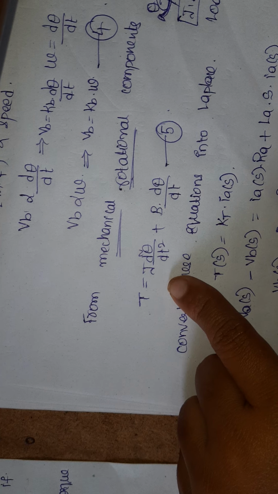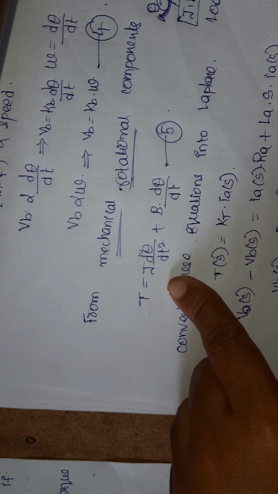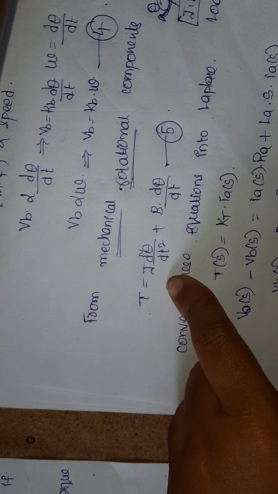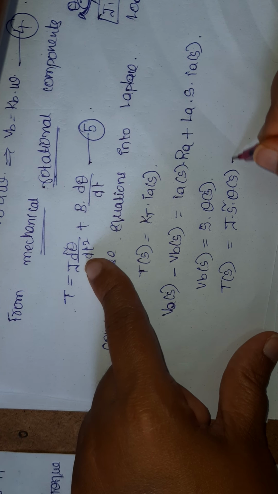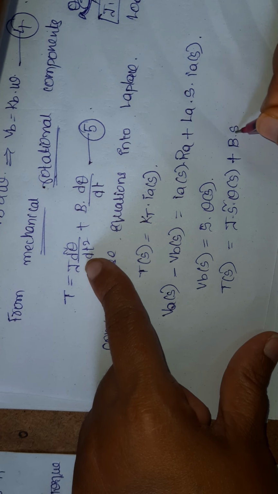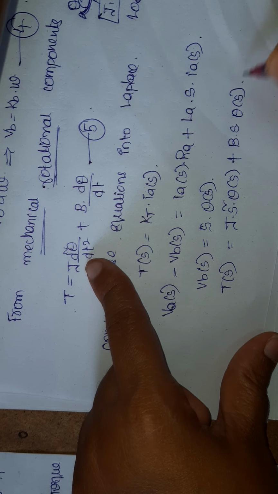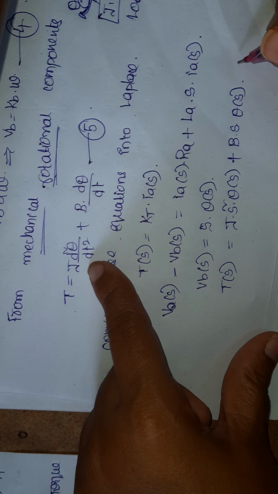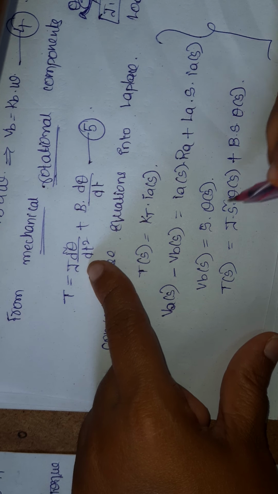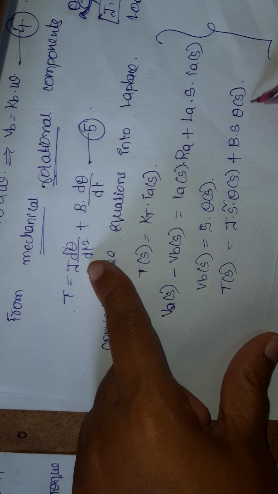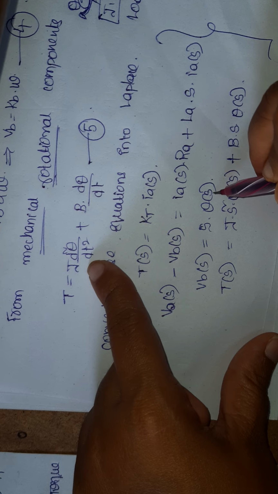The last equation is this: torque T of S is equal to J into S square into theta of S plus B into S into theta of S. So these are the 4 equations, and these 4 equations are in terms of theta of S only.